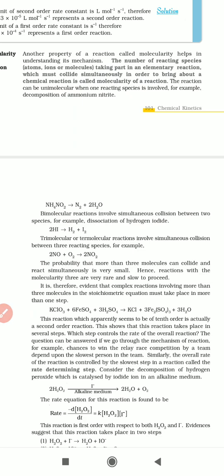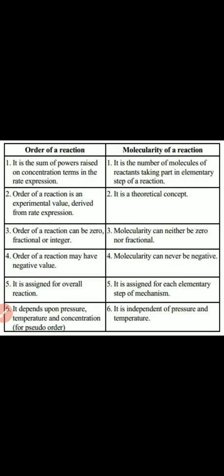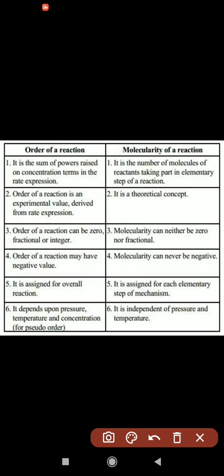Now coming to the major differences between order of reaction and molecularity of the reaction. First of all, we are going to discuss the differences. Let us see order of reaction, which we already discussed.